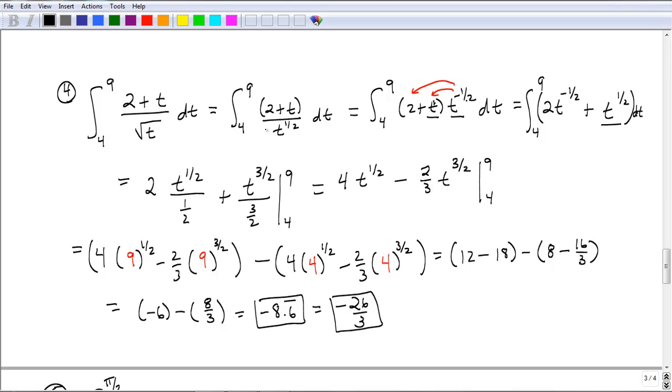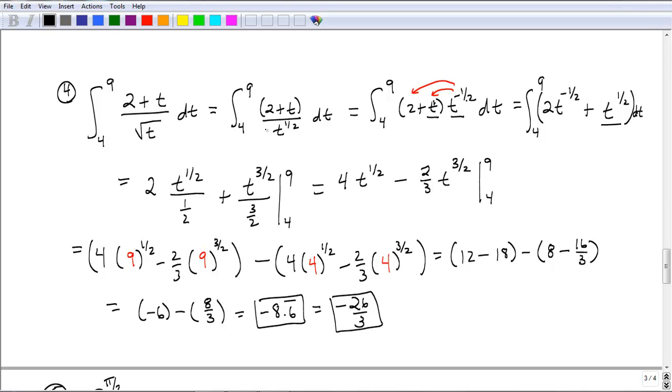That's t to the negative 1/2. I distribute that 2, I get 2t to the negative 1/2 plus t to the positive 1/2. So I take the integral of negative 1/2, I get positive 1/2. If I take the integral of 1/2, I get 3/2. So I have 4 times 9 to the 1/2 minus 2/3 times 9 to the 3/2. And that gives me negative 6.